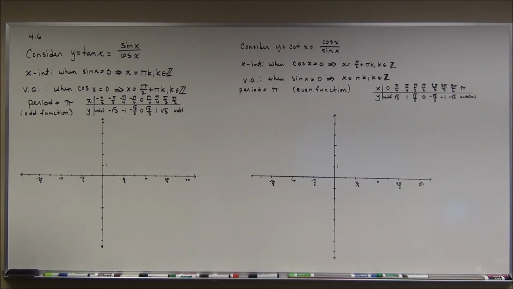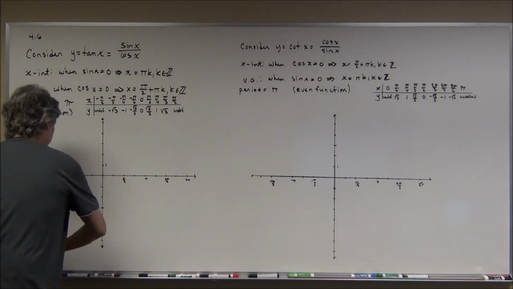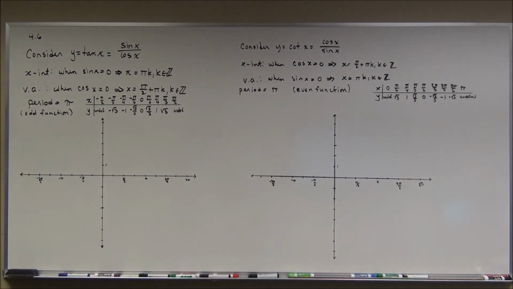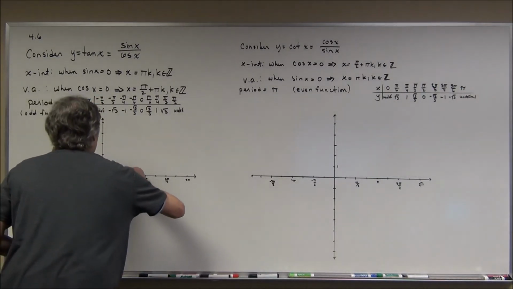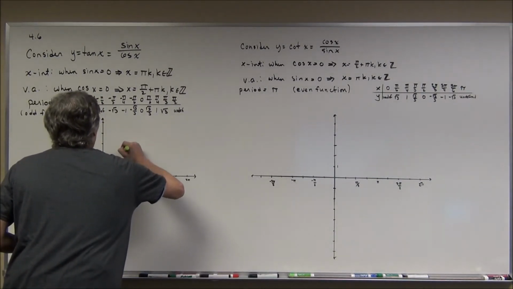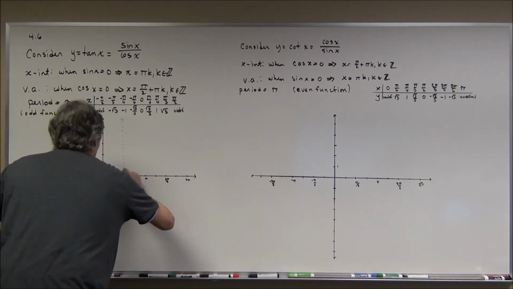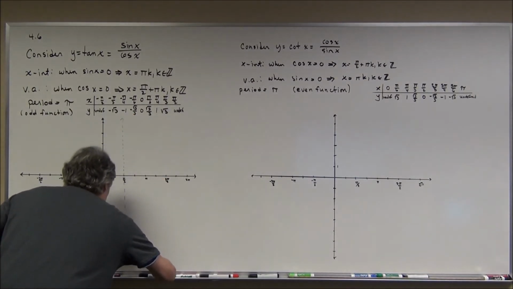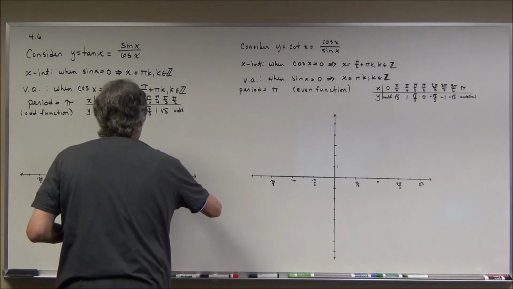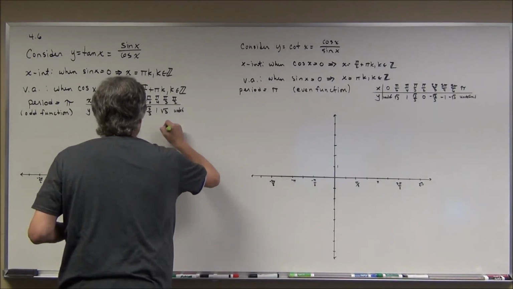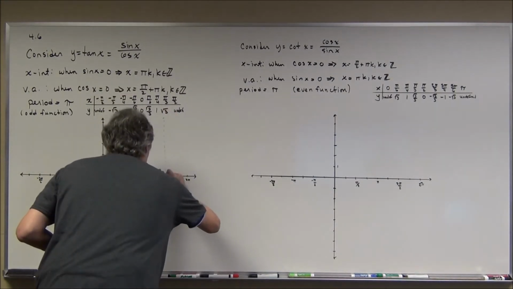So first things first, let's get some vertical asymptotes going here. So I have vertical asymptotes at pi over 2, so I'm going to try to do my best to freehand this. Don't you freehand it. You get a ruler, straight edge of some type, and you draw it nice and neat and dotted with arrows on the ends.